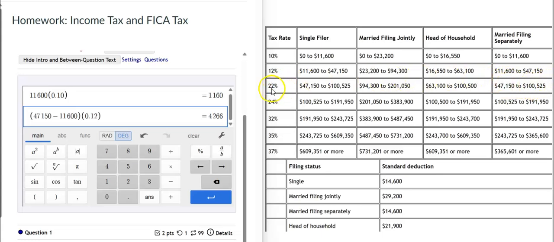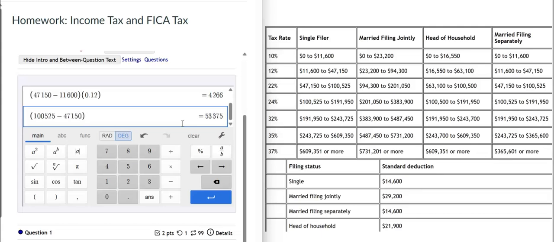Now for 22%, he still needs to pay 22% up to this amount. So how much of his income applies to 22%? To find that, you subtract these two numbers. This is the upper limit of 22% and this is the lower limit of 22%. So you subtract $100,525 minus $47,150.